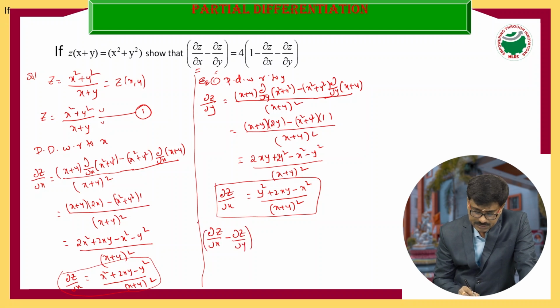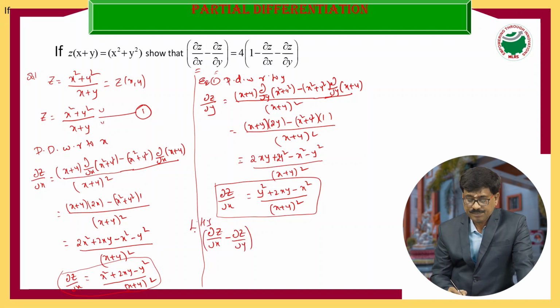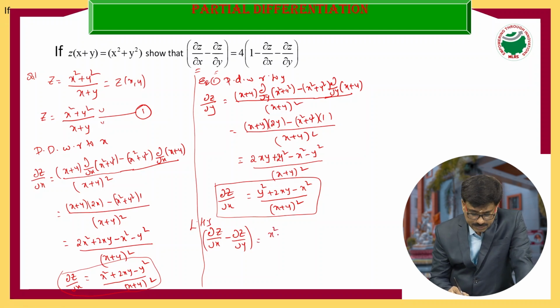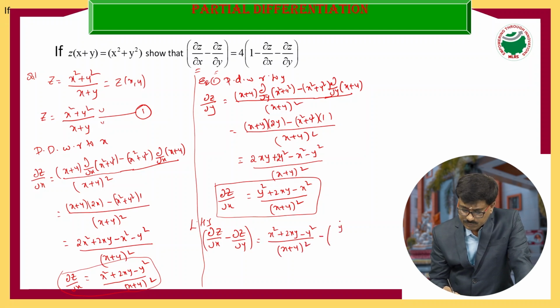This is called the LHS, I can say. Therefore, what is the first function? (x square plus 2xy minus y square) whole divided by (x plus y) whole square, minus, therefore, (y square plus 2xy minus x square) whole divided by (x plus y) whole square.